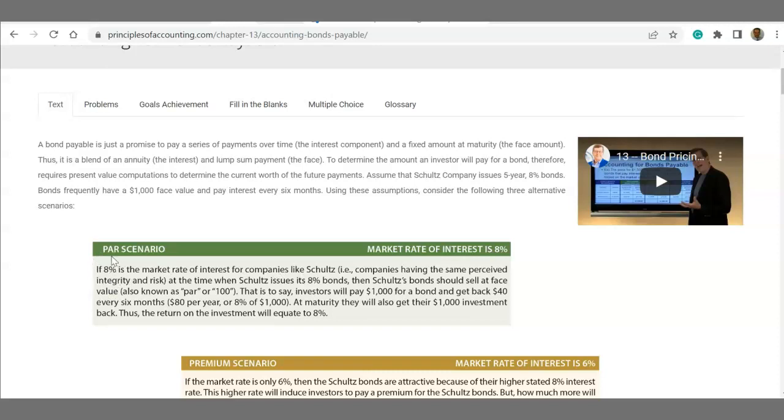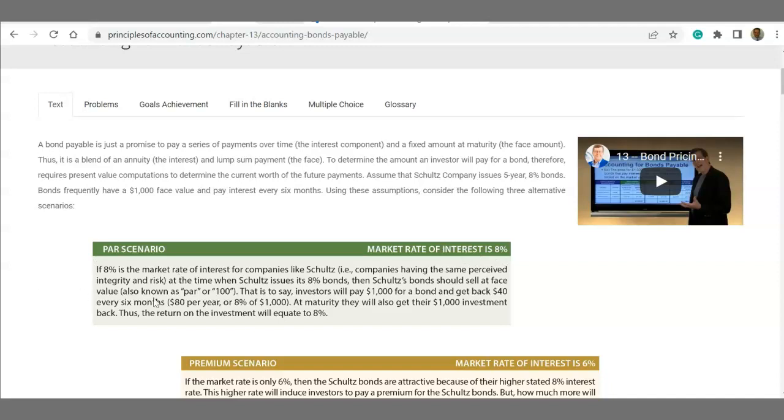That means the bond is paying 8%. But the market interest rate might be anything besides that. Might be 8%, might be 10%, might be 6%, whatever it is. So you use the bond interest rate to calculate the payment. Everything else from that point on will be based on market. Don't forget that.